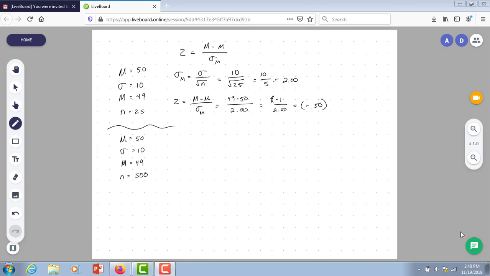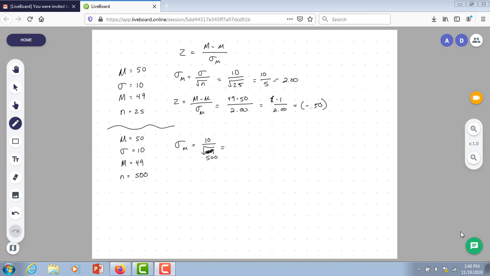Now let's move to the bottom and do the standard error of the mean for the bottom sample characteristics. If we calculate a standard error of the mean for it, we'd have 10 in the numerator over the square root of, I'm sorry, not the square root of 49, the square root of 500.